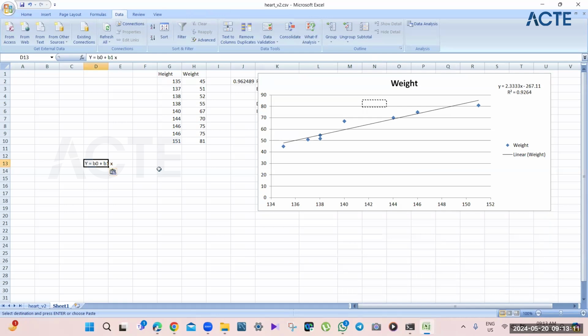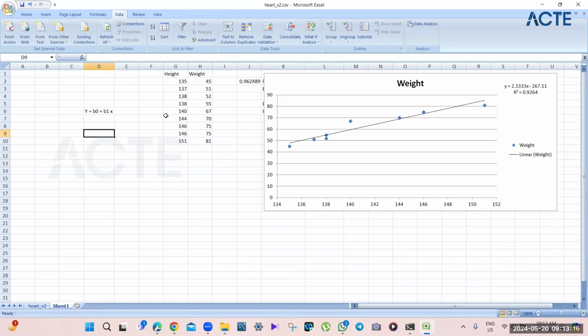Now let's come back to the actual equation. So this is my equation, right? Y is equal to beta naught plus beta 1 into x. So x is height, and weight is the y, the one value that I want to predict. If I put this on the graph, this is what Excel is giving me, the mathematical equation between them.